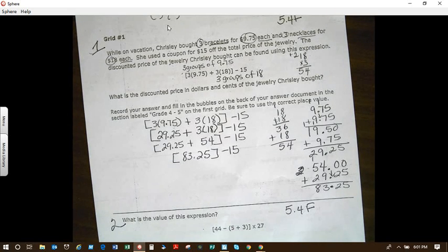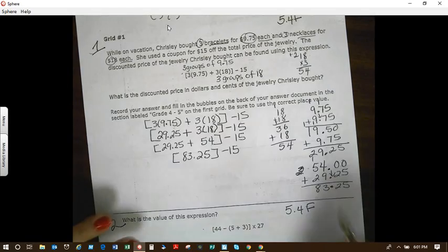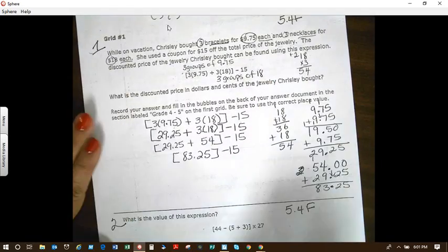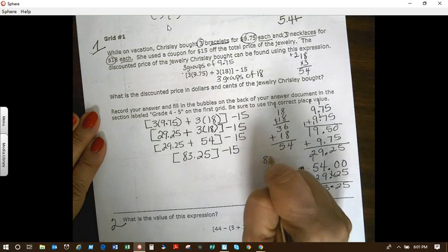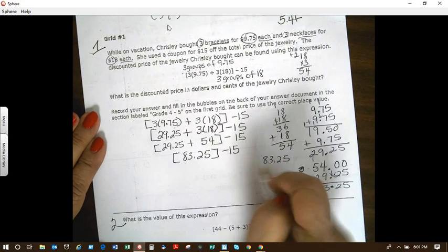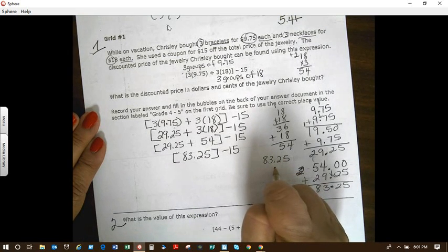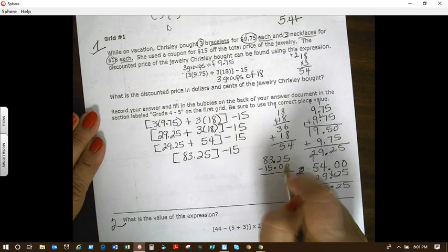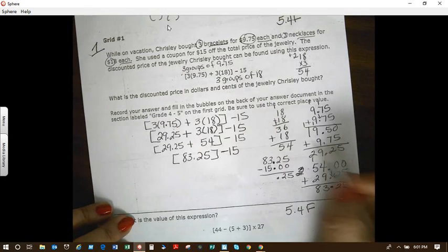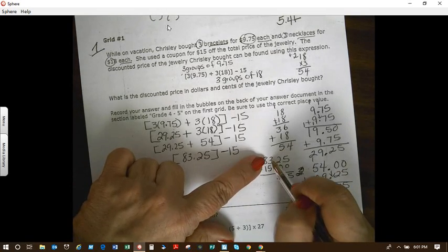So now I'm going to subtract that out. And remember, I'm doing all my computations on this side. So I have $83.25. And remember, that's 15 wholes. So my wholes, I'm going to put my decimal here, go to the left, and nothing is on the right. Subtract that out, because this is my next one. And then I have my 25. Some of you are getting this confused because you're trying to take 5 out of 3 and say you have 2.